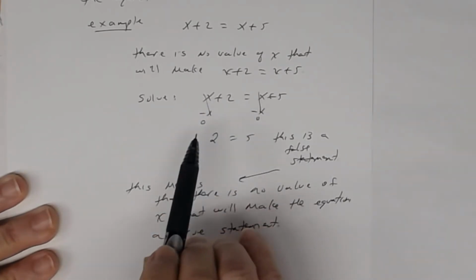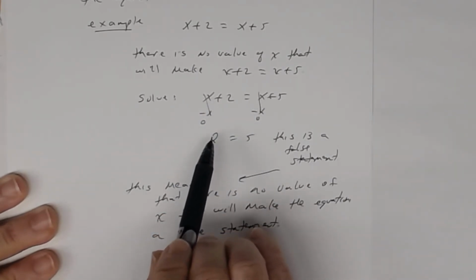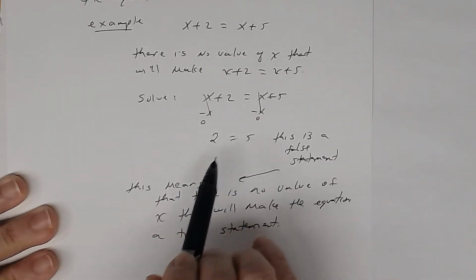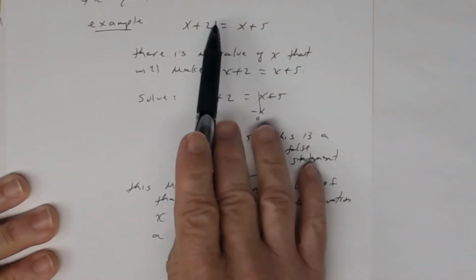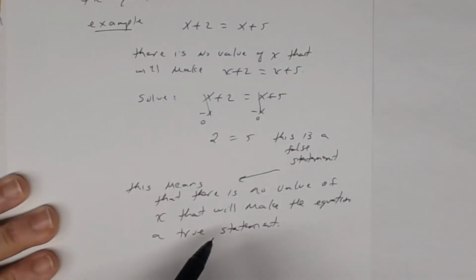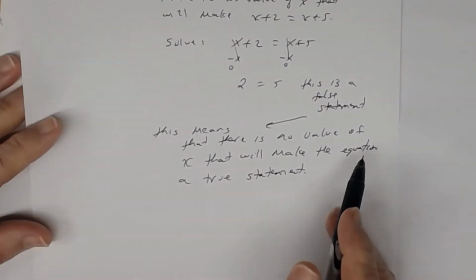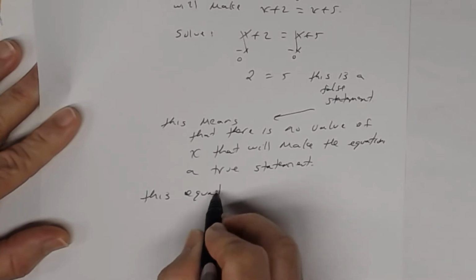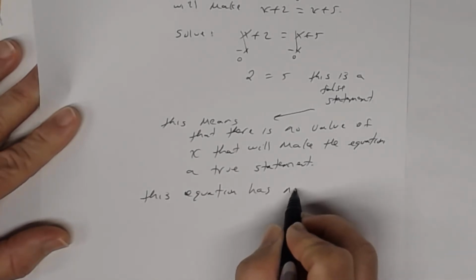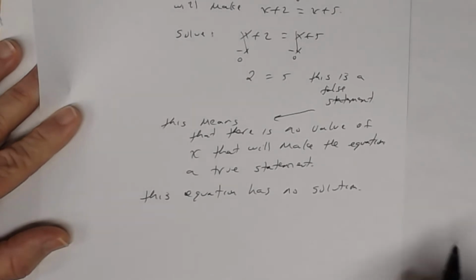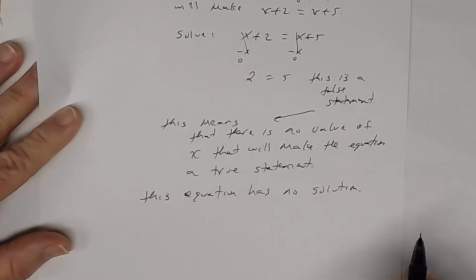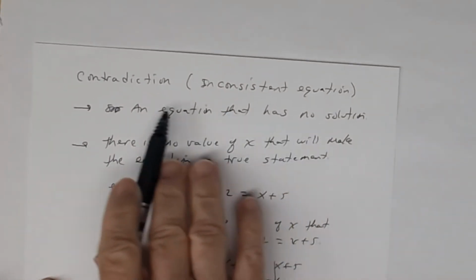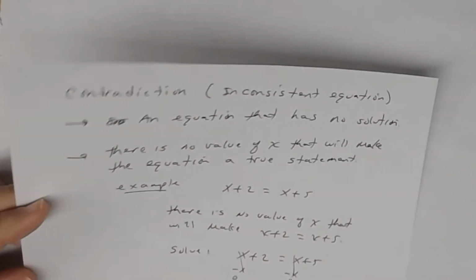So notice the variables disappear. That's important to see. The variables disappear, and the statement you have is a false statement. 2 is not equal to 5. So that means this equation has no solution. An equation that has no solution is called a contradiction.